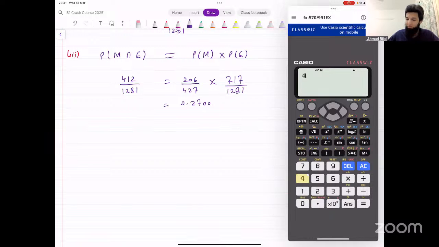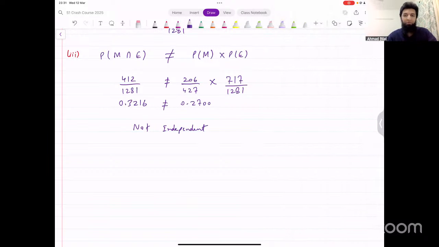What about the number on the left side? 412 divided by 1281 is 0.3216. These two numbers are not equal. Since they are not equal, we say they are not independent. If these numbers turned out to be equal, we would say they're independent.